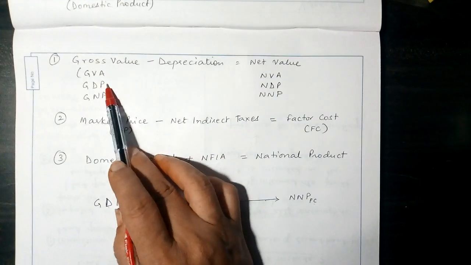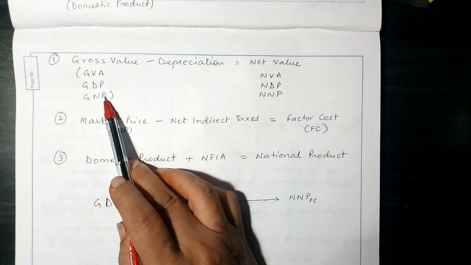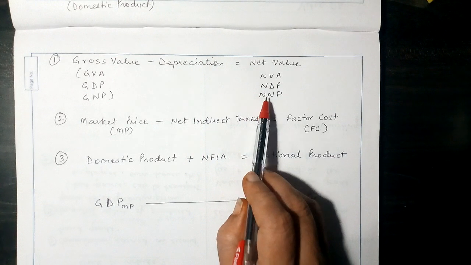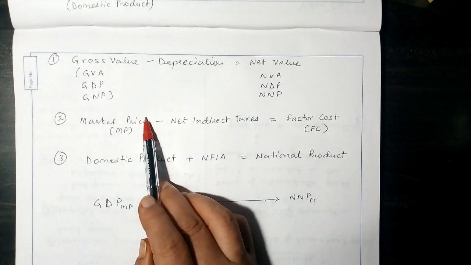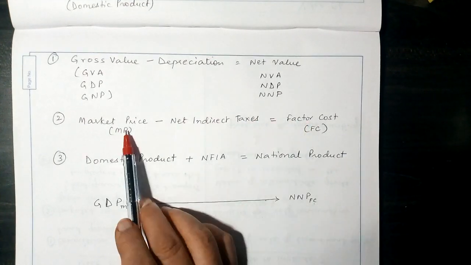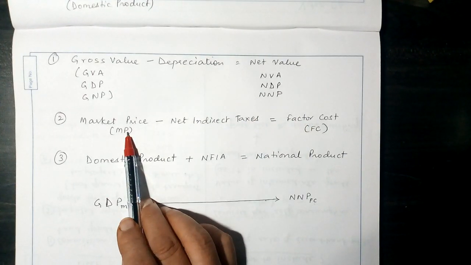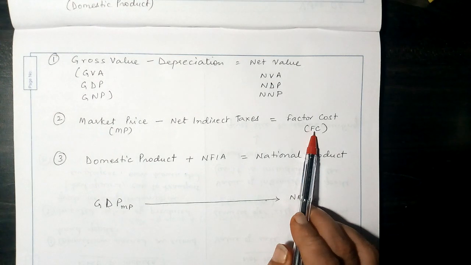Gross domestic product minus depreciation gives us net domestic product. Gross national product minus depreciation gives us the net national product. Now market price minus net indirect taxes gives us the factor cost, because market price includes net indirect taxes. So if we remove net indirect taxes, we get the factor cost.